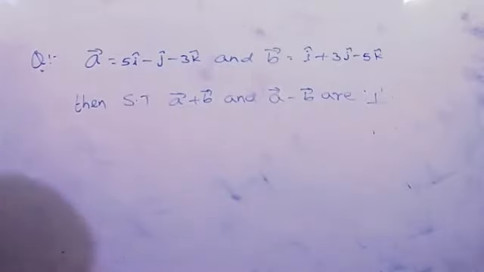Tejashwini, when can you say two vectors are perpendicular to each other? When the dot product is zero. Yes, the dot product is 0. So first find a plus b and a minus b. Later find the dot product. If it is equal to 0, then the two vectors are perpendicular. This is also one of the important questions. Remember that.